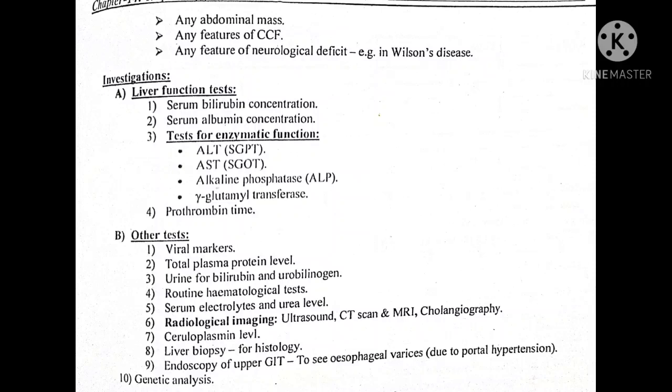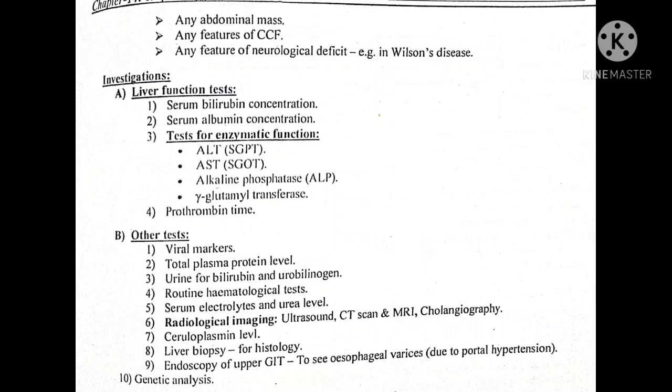We check the serum bilirubin concentration, serum albumin concentration, and we check for enzymatic functions such as ALT or SGPT, AST or SGOT, alkaline phosphatase ALP, gamma glutamyl transferase, and we also see prothrombin time.